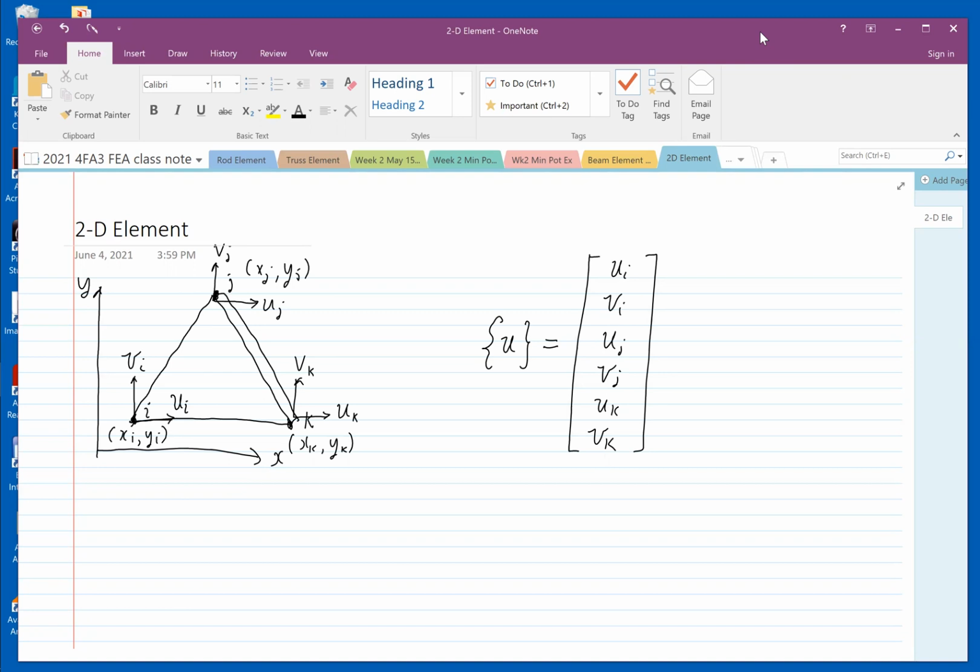Review: the string element, let me draw it right here. 2 nodes, but each node is only allowed to move in one direction, so the element has 2 degrees of freedom.